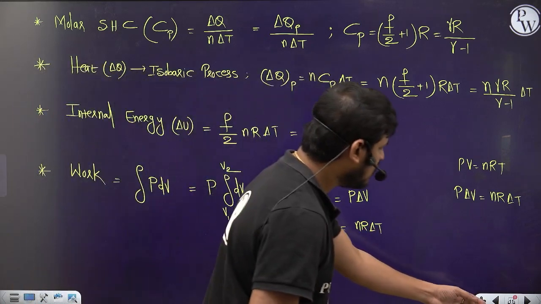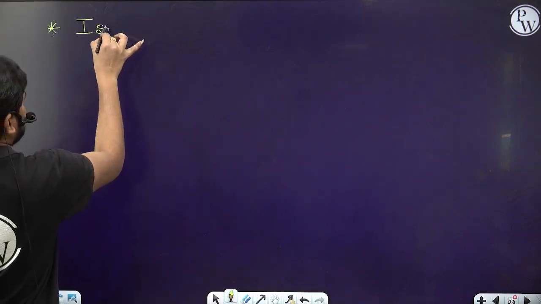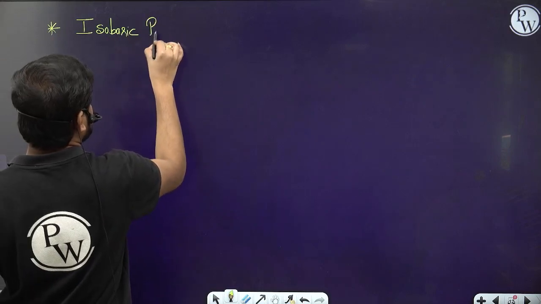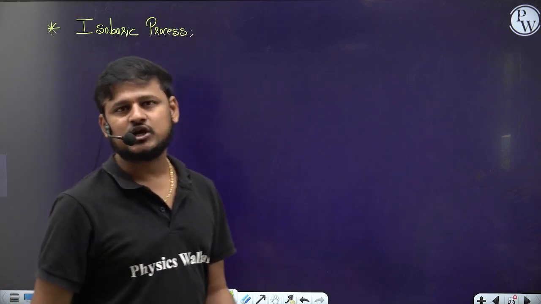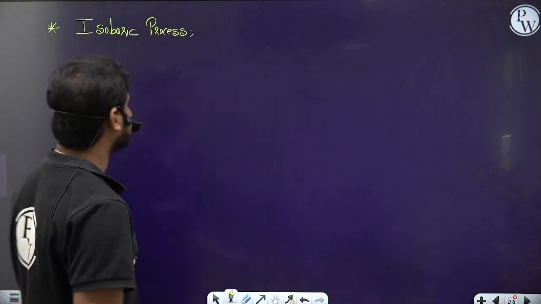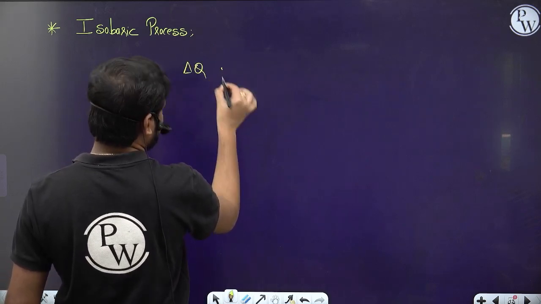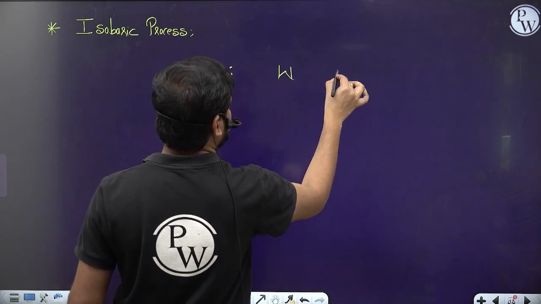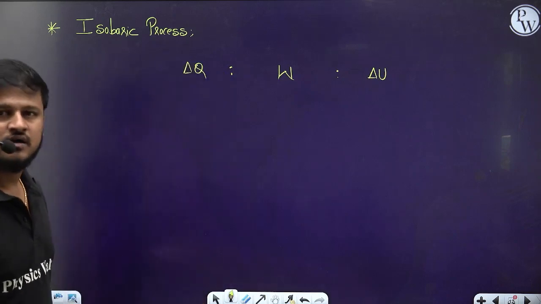Let's go for one more important relation in the isobaric process. They'll ask the question directly: in the isobaric process, find the ratio of delta Q to W to delta U, in terms of gamma and in terms of degrees of freedom.